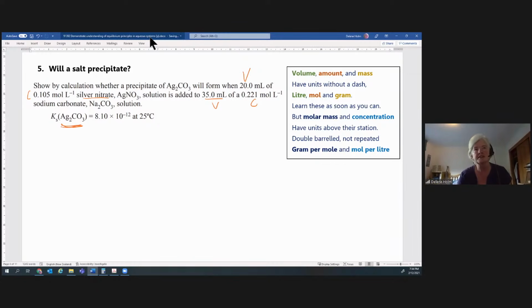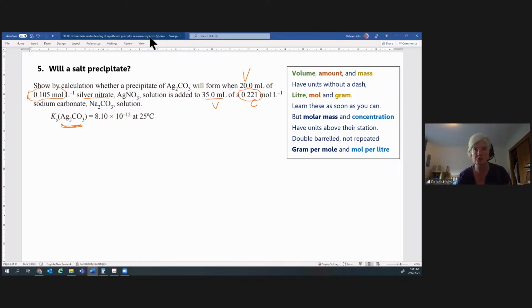So you can see I've got two different solutions. So I definitely cannot use Ks is equal to 4S cubed. But not only that, I cannot use these concentrations directly because I have mixed two solutions together.